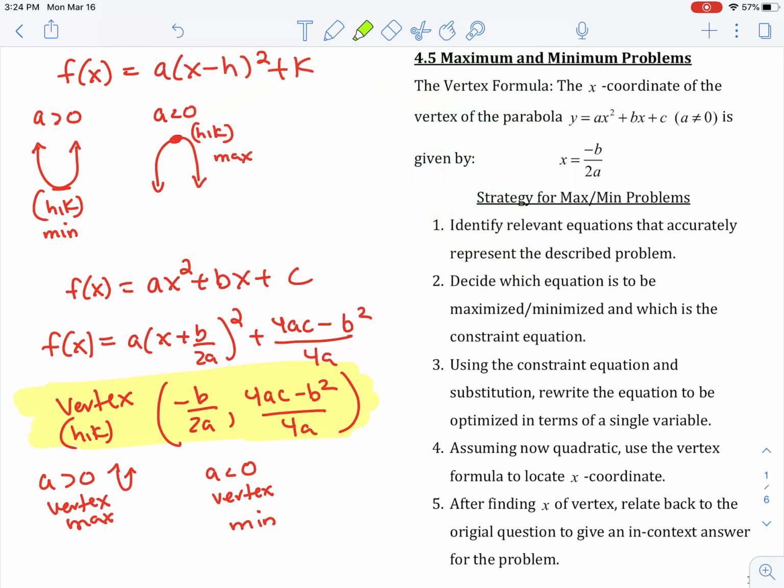And very specifically, the easiest thing that we want to be looking at is just this negative b over 2a. That is going to be the easiest thing for us to remember, the x of our vertex, because if we have an x of a point, we can always plug it back in to get the corresponding y value. So a big time saver with our word problems is just remembering that the x of your vertex is always this negative b over 2a.